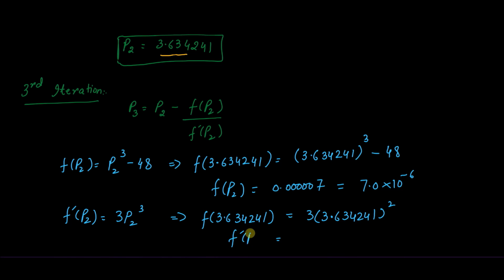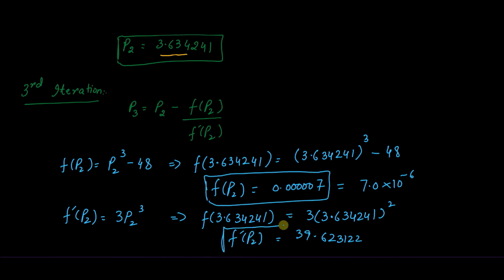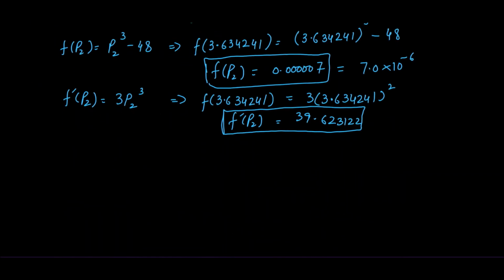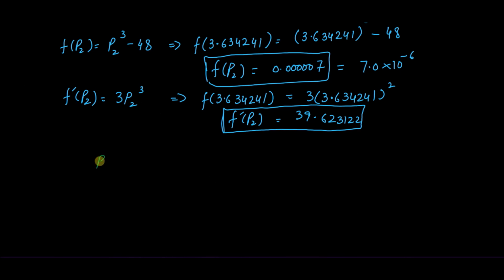After solving, we will get 39.623122. Now we need to substitute the value of f of P2 and f prime of P2 back into the Newton-Raphson formula at their respective places in order to find out the value of P3.